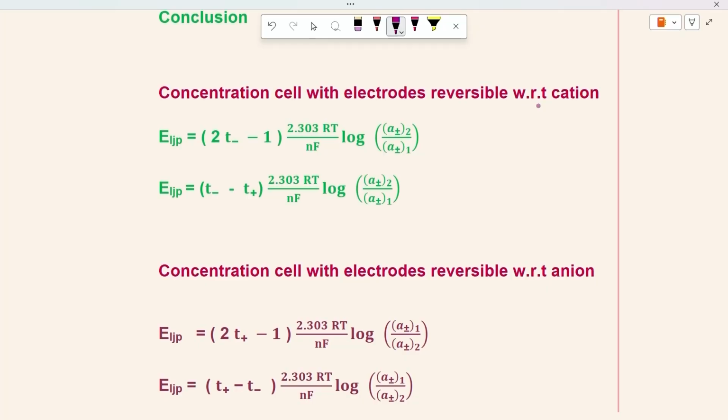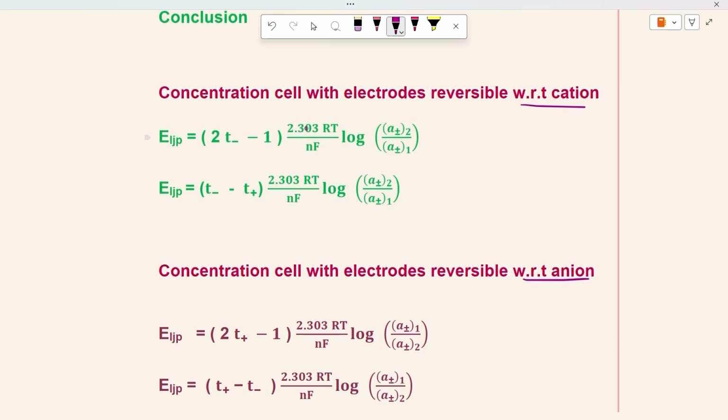Now, to conclude, we have been seeing concentration cells with electrodes reversible with respect to anions as well as cations. We have found the expression for the cell with liquid junction potential, which is equal to (2t minus 1) times 2.303 RT by nF times log of the mean ionic activity of 2 divided by the mean ionic activity of 1, or you can put it as (t minus minus t plus) times 2.303 RT by nF log of the mean ionic activity of 2 divided by the mean ionic activity of 1.